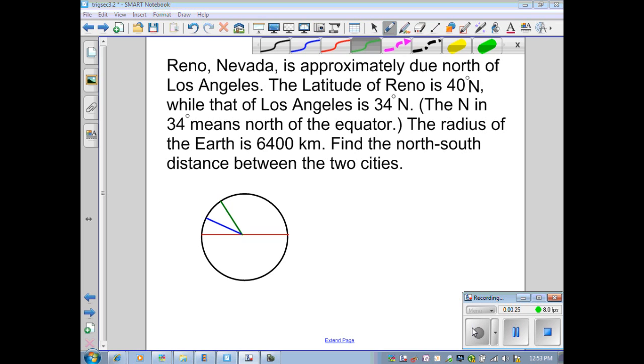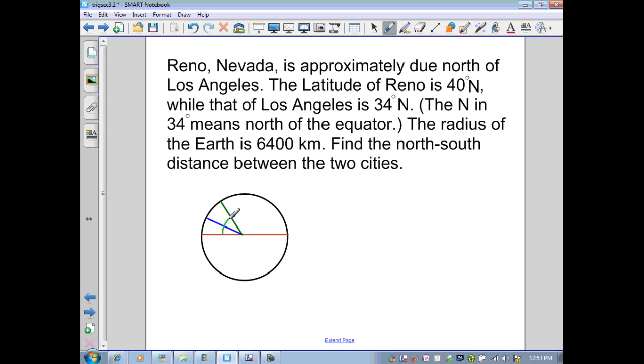Here we know that Reno is 40 degrees north of the equator. So the angle given is 40 degrees north for Reno. And the angle given for Los Angeles is 34 degrees north.